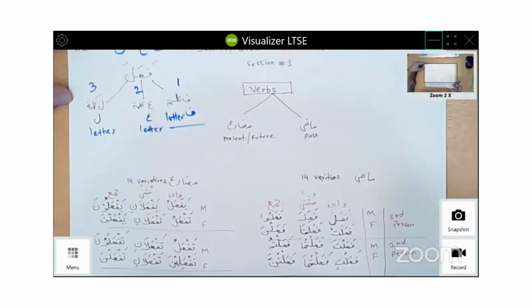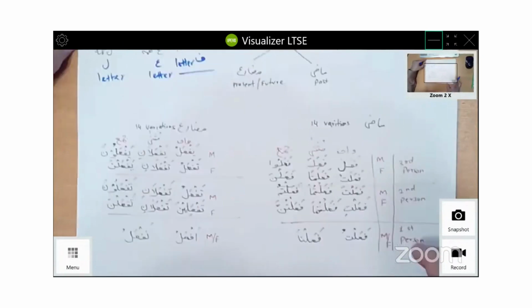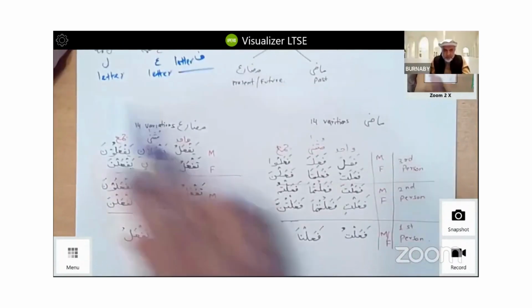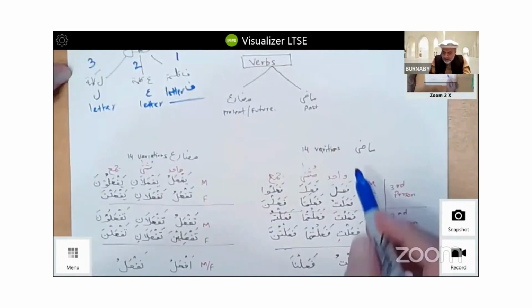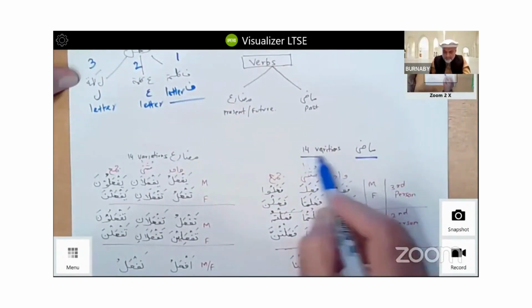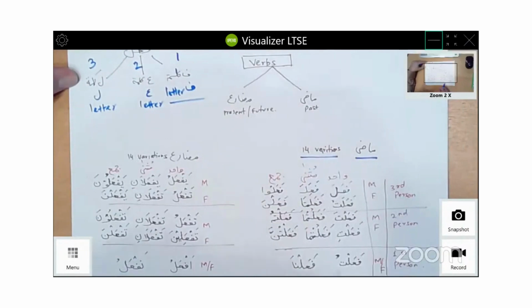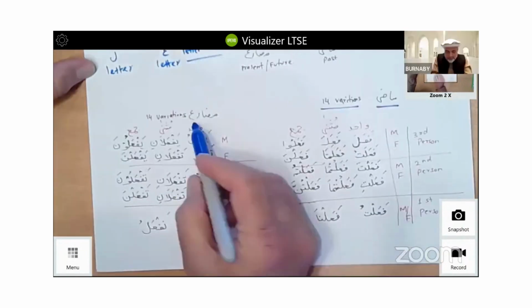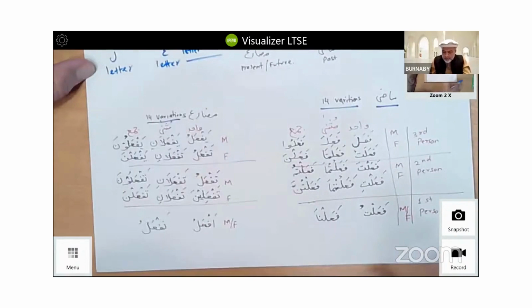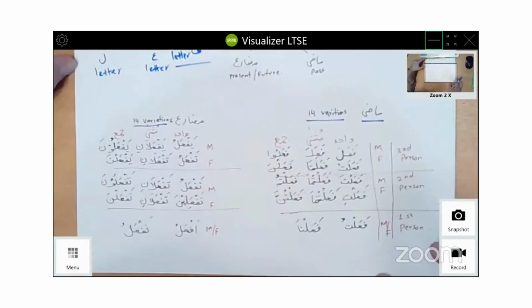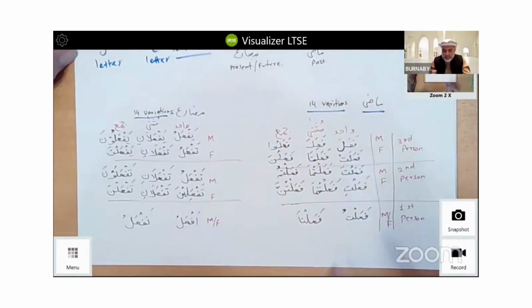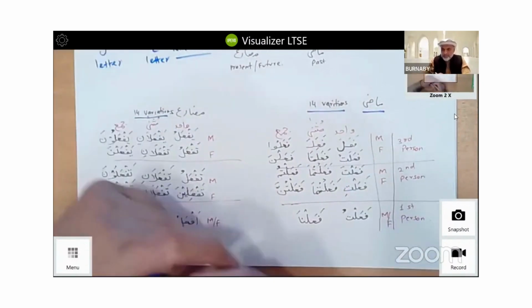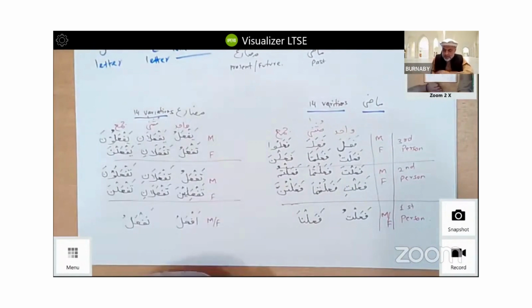Okay. So when we get that, we know the pattern. Then we also know that the Madi has 14 variations. Agree? And the Mudari also has 14 variations. And how do we get them? Because they are attached with a noun, like a pronoun. What did that mean?